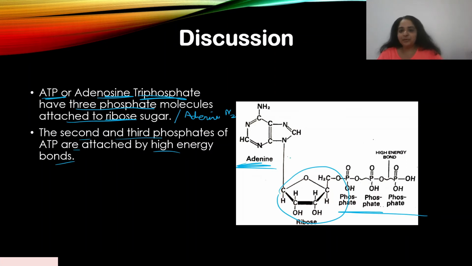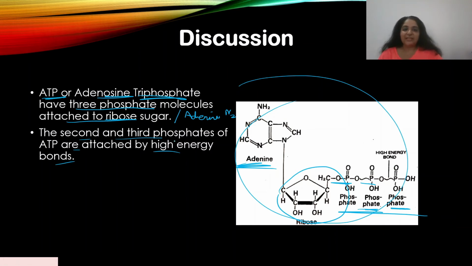When we look at the structure of ATP, of course we see that it is a complete nucleotide structure. You have the ester bond that is formed here, but these two phosphate molecules that are there, these are high energy bonds. These are what give off the energy to us to perform our functions.